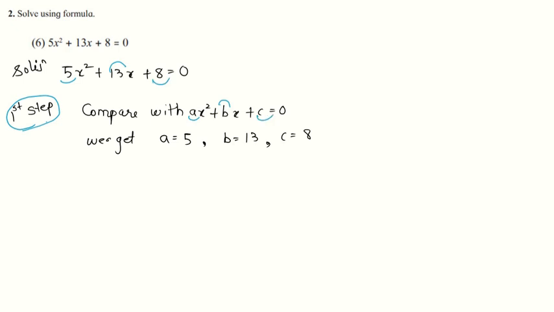Second step is to find the value of b square minus 4ac.